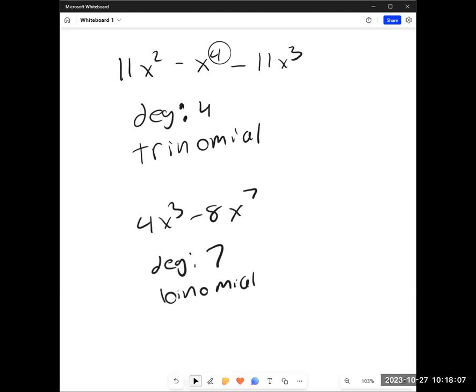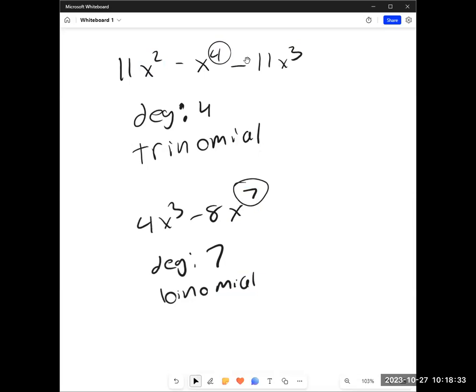That's it for this video. It was more definition than it was examples, but I hope that was helpful to you to see that they're going to write things not always in descending order of exponents, and you're going to have to search for the term that has the highest exponent. That's going to define the degree of the polynomial. And then you're going to look and see how many terms you have.